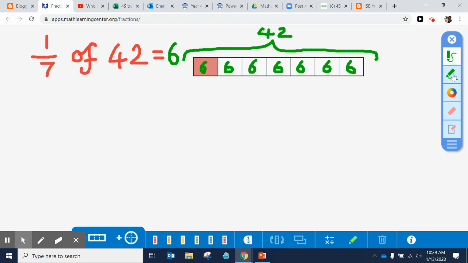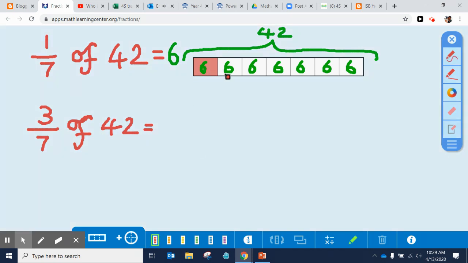For example, I could now find out 3/7 of 42, because I've done all the hard work. Do you know what 3/7 of 42 is? Let's find out, see if you're right.